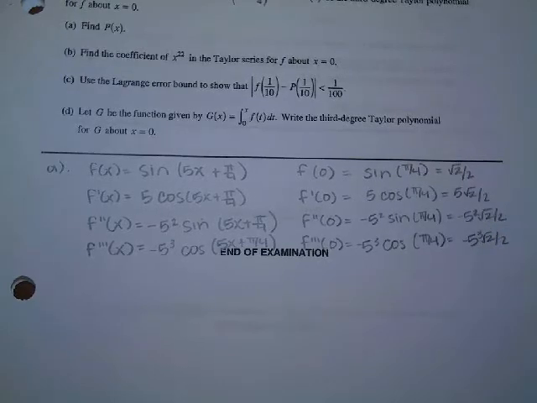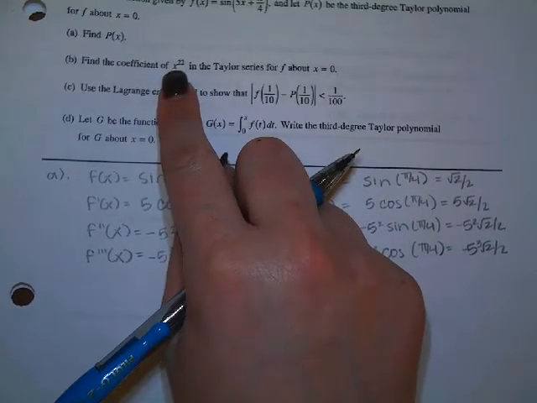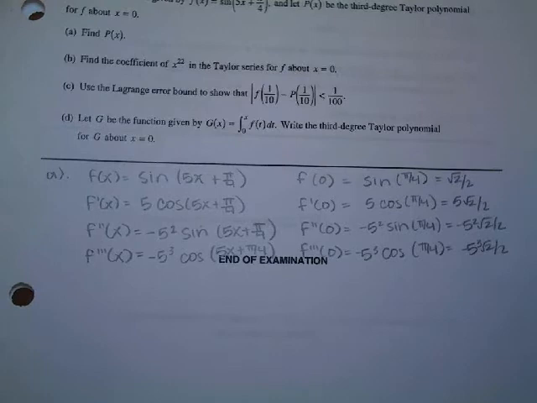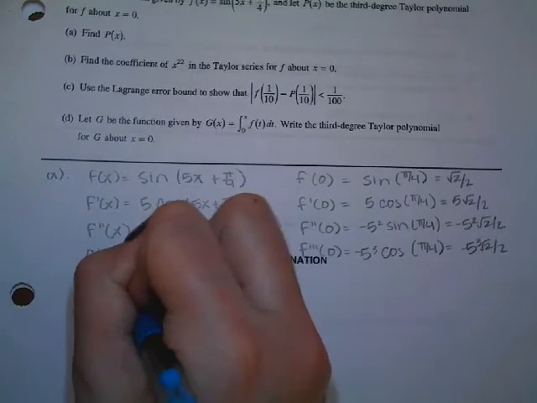Yeah, and part B says we're going to look for the x to the 22nd term, so that pattern will be nicer than actually multiplying 5 that many times. Okay, so now that you've got the numbers, go ahead and take a moment to write out the polynomial.